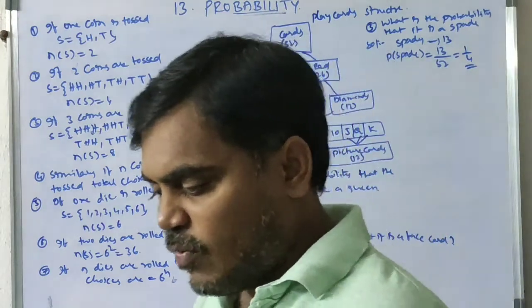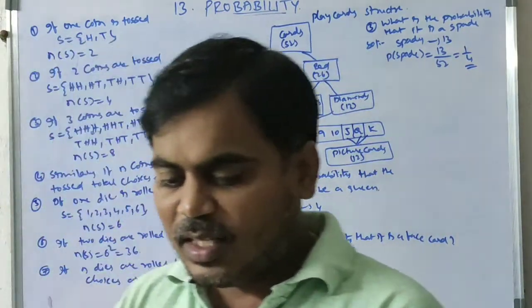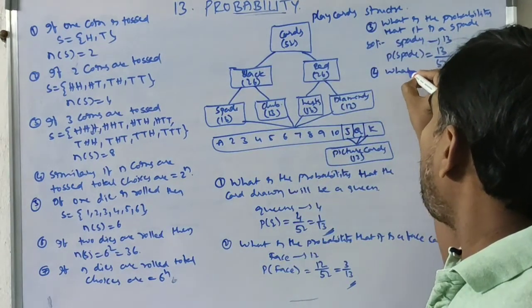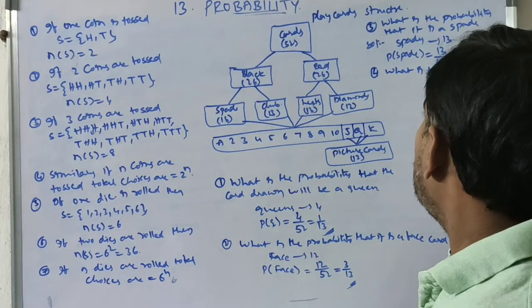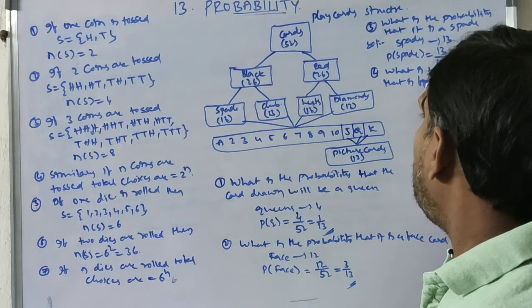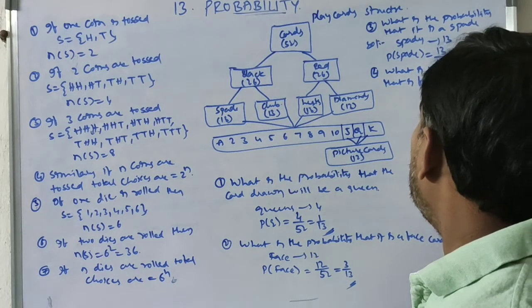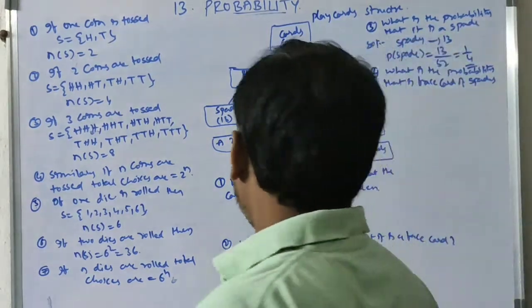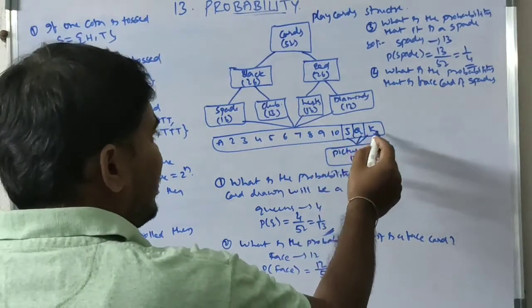Next, what is the probability that it is a face card of spades? If we observe face cards 12, so J, Q, K, these are the face cards.